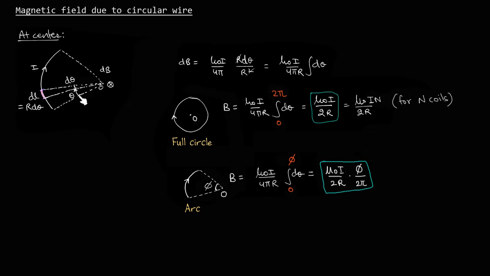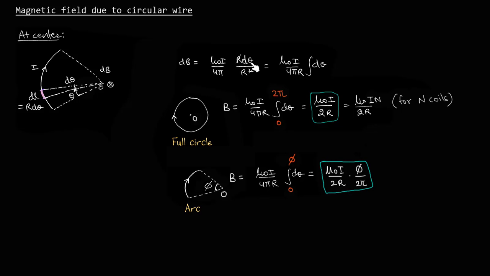At an angle theta, let's take a small angle d theta. This distance dl is r d theta. So we'll calculate the field here, dB, because of this dl, and then we are going to integrate from this point to this point. For this small length dl, we know that dB is mu naught I by 4 pi into dl by r square.